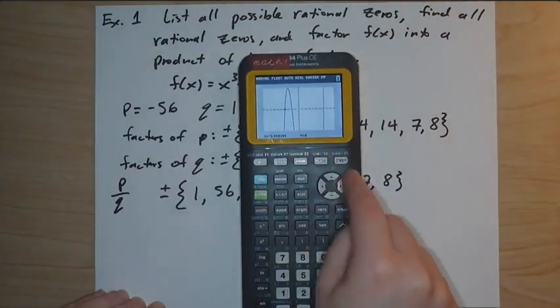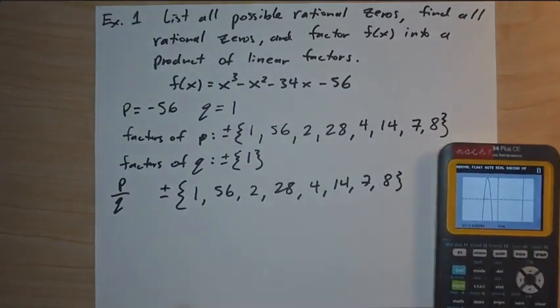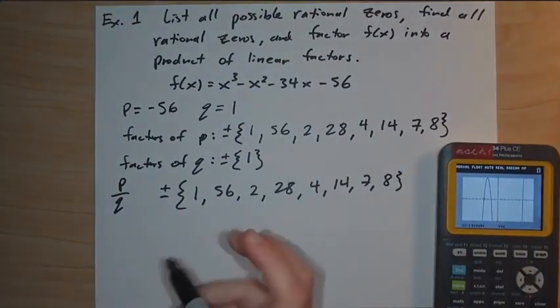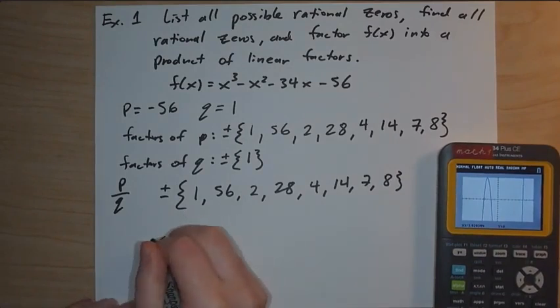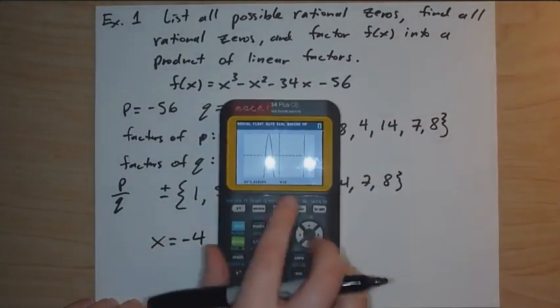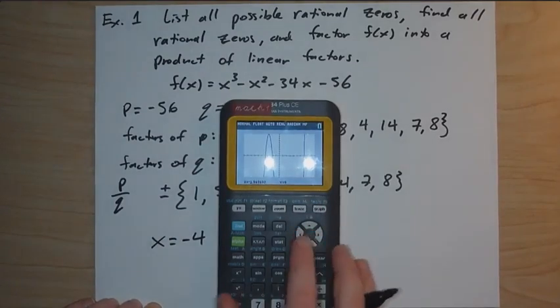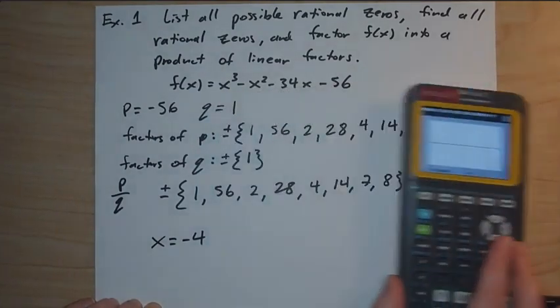In our trace, we have x is about negative 4, so we know that one of our actual zeros from this list is negative 4. That's our zero there. If we scroll over here, we see that it's around negative 2.